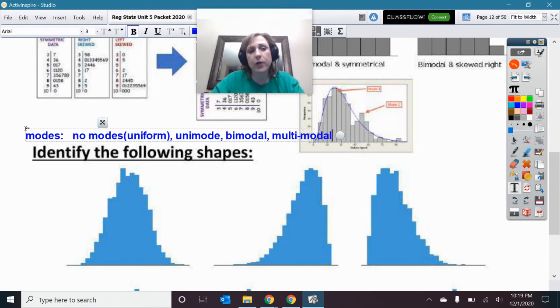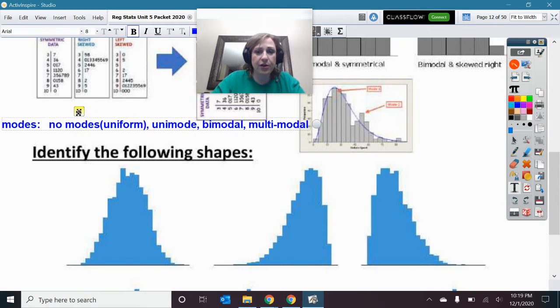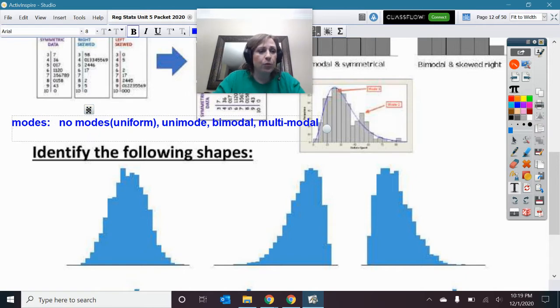Okay, so that's your choice on how many modes there are. Then we do the shape, and that's going to be symmetric, skewed left, and skewed right. All right. So identify those down here below. Take a moment to do that, and then we'll look at the answers.